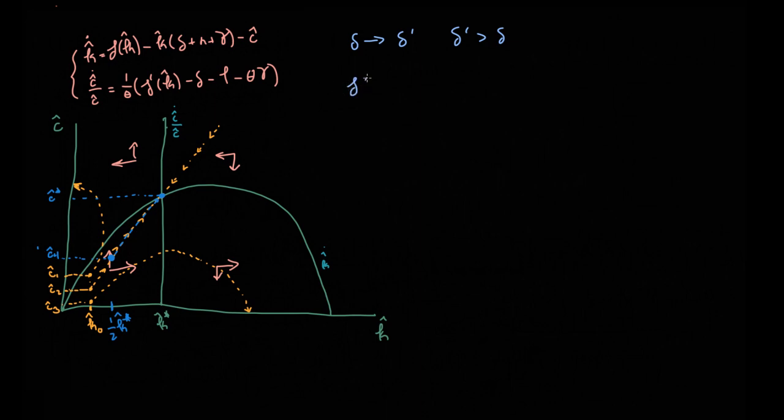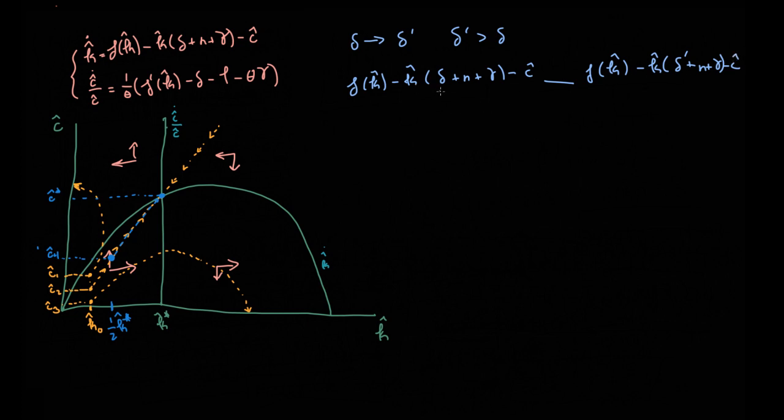We have f of k hat minus k hat times delta plus n plus gamma minus c hat. That's going to be something compared to f of k hat minus k hat times delta prime plus n plus gamma minus c hat.